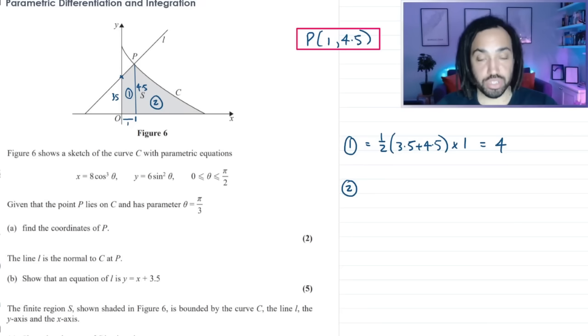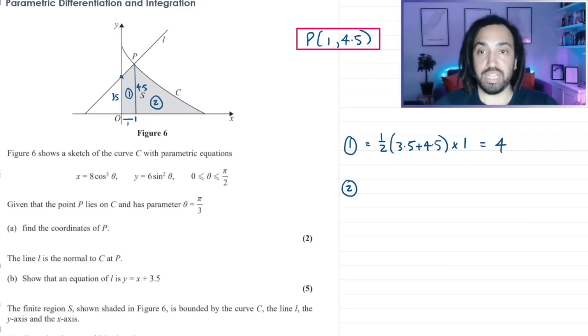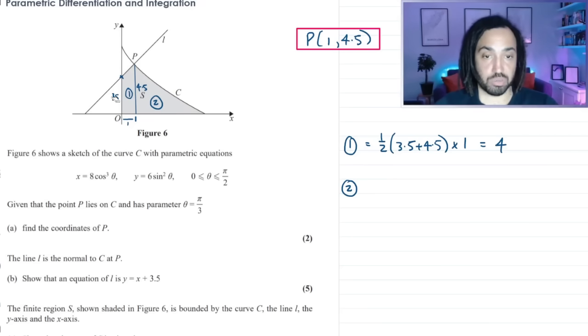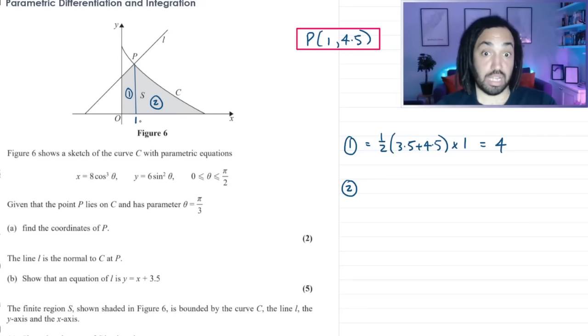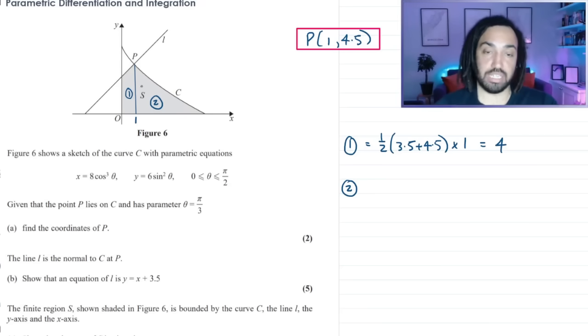So for region 2, we need to work out the limits, because we're going to do this by integration. So the lower limit, parametrically, is pi over 3, because we know that the parametric value for p is pi over 3.